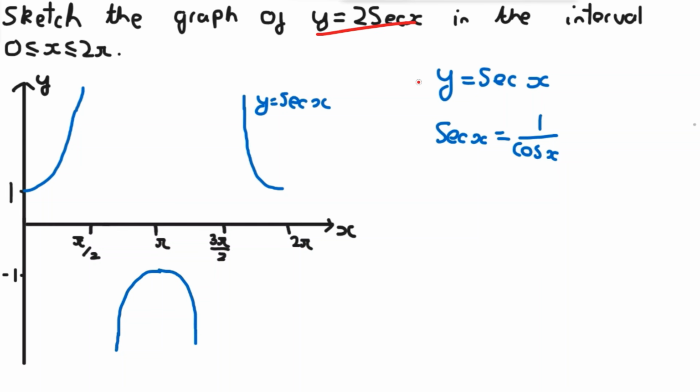So now we need to do the actual transformation, which is y is equal to 2 sec of x. So this is an outside the function stretch, so it's going to stretch everything by 2 in the y direction.